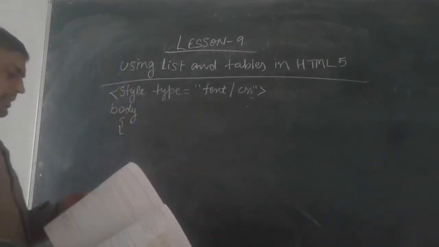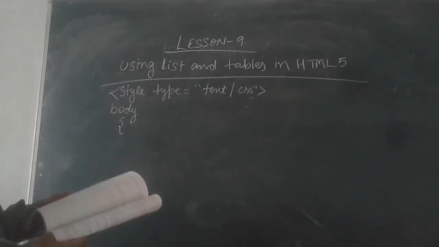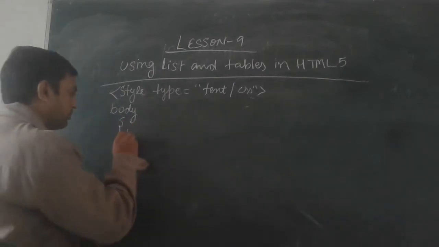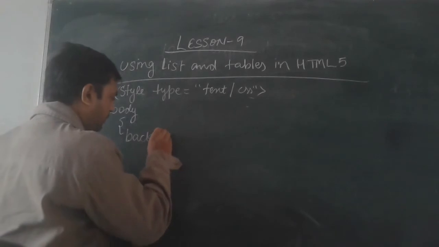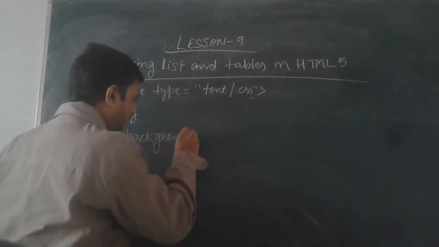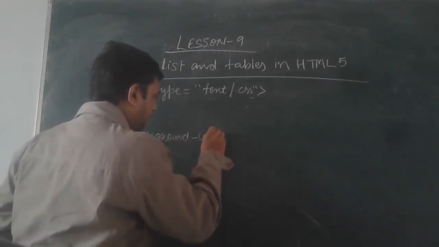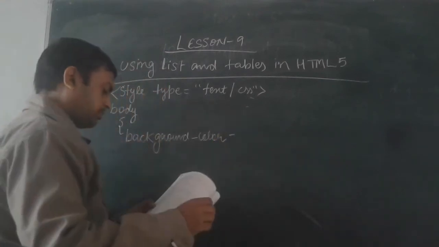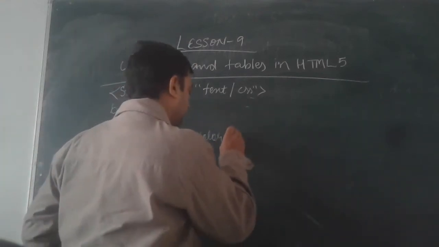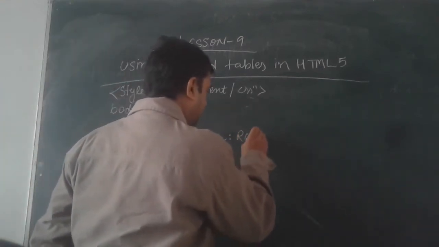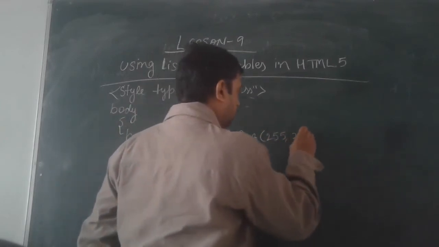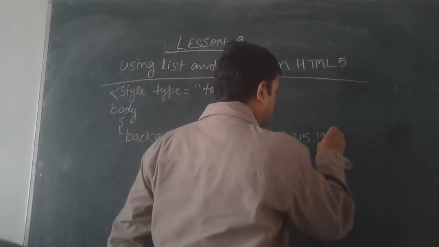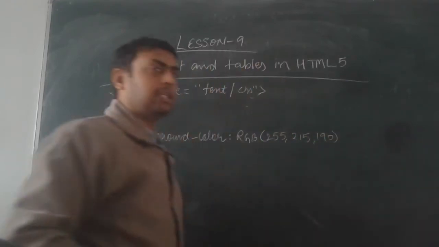curly bracket, background color RGB 255 215 190. This is the number combination.